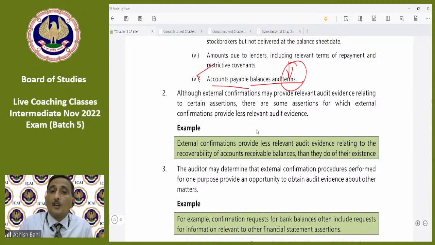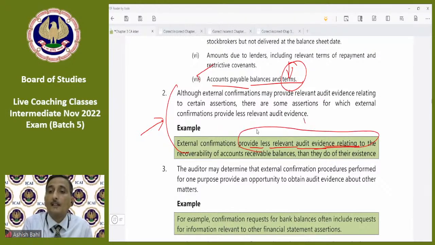So guys, you have to see that it may provide less relevant audit evidence in some cases. So guys, this is very important. This is very important contrapoint. I had told you to remember contrapoints.